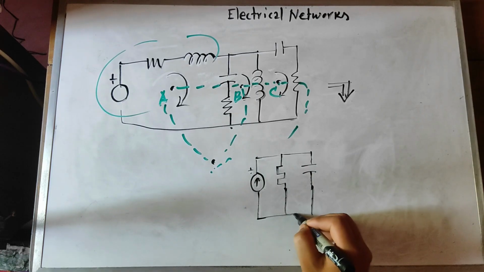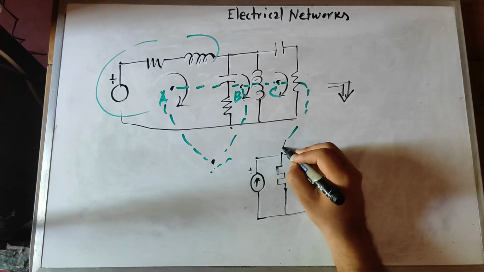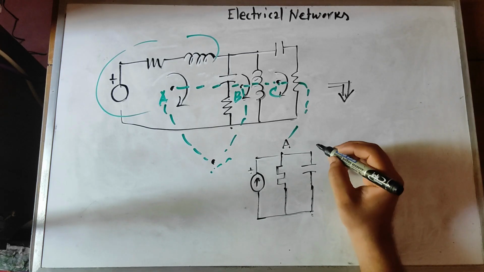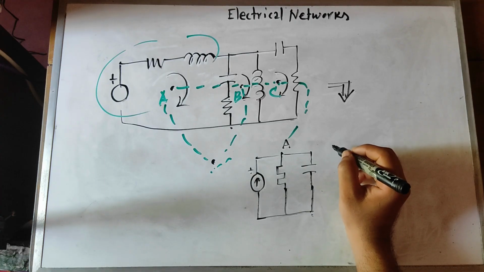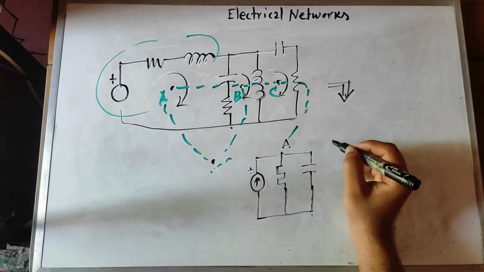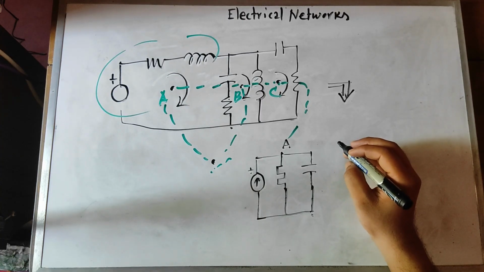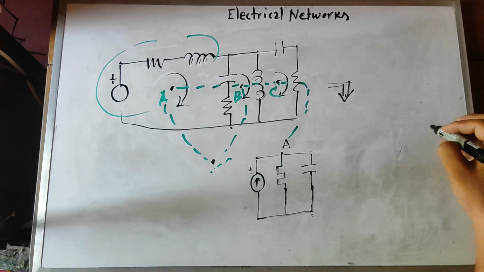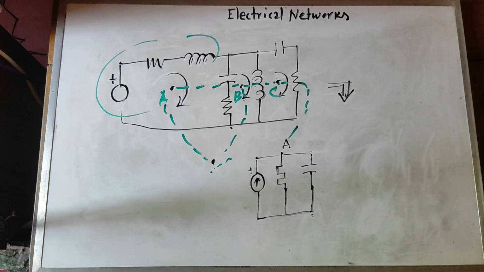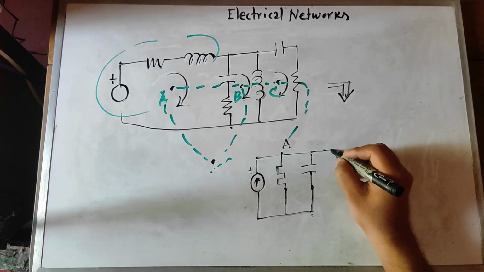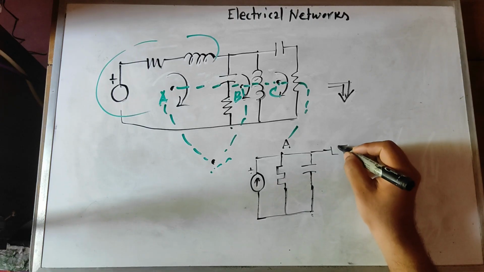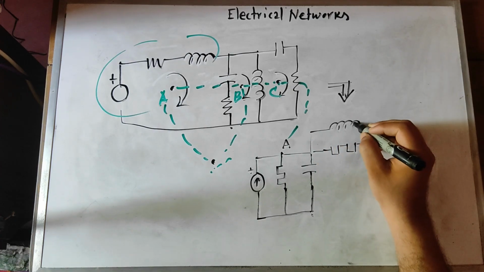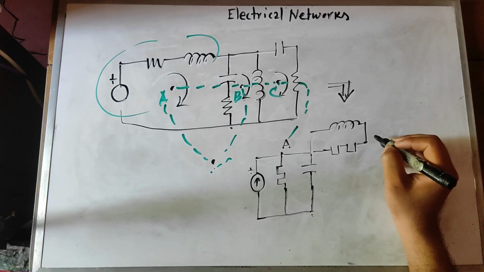This will go to the reference node, and this is the node A. Then I have a connection with the node B. Node B has RC, so I have a parallel LG circuit. So this is the parallel LG circuit.